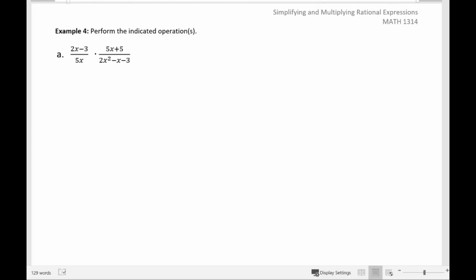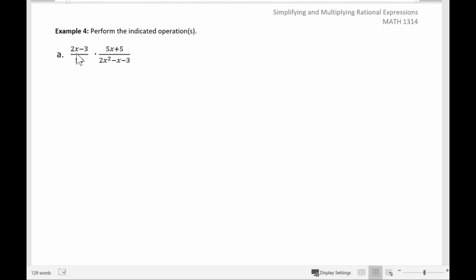So if I'm looking at my first rational expression, or first fraction, I have 2x minus 3. 2 and 3 have nothing in common, and there's no x on the 3. So no GCF, no being able to factor 2x minus 3 in the first numerator. 5x is one term. That doesn't get me anywhere, so I'm going to leave it alone.